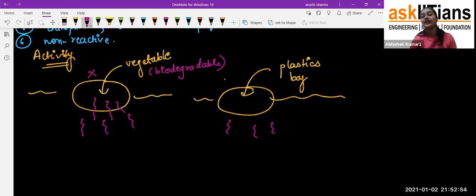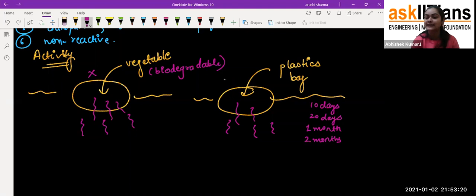But it's not only about 10 days. If we talk about 20 days, even 1 month, even 2 months, you will find the plastic bag as it is in that pit. That means the microbes which went there to eat up the plastic are not able to eat it, because plastic is not biodegradable in nature.